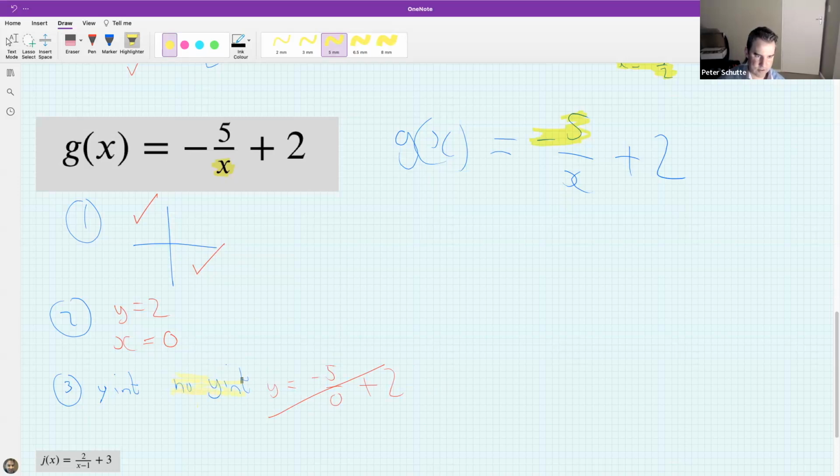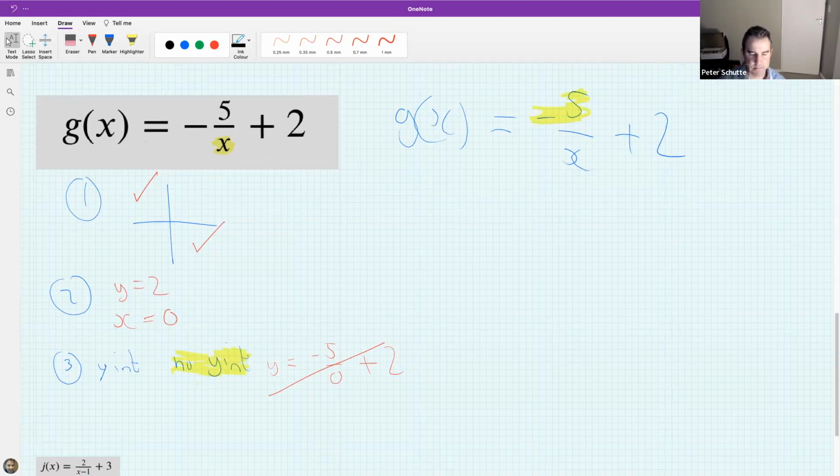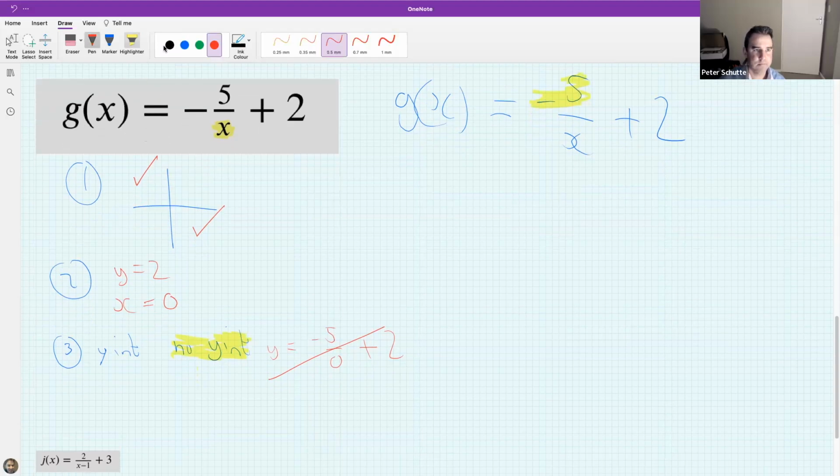It doesn't exist in this particular graph, and we'll see that shortly. But we can hopefully find an x-intercept. And the way we would do that is we just make y 0.